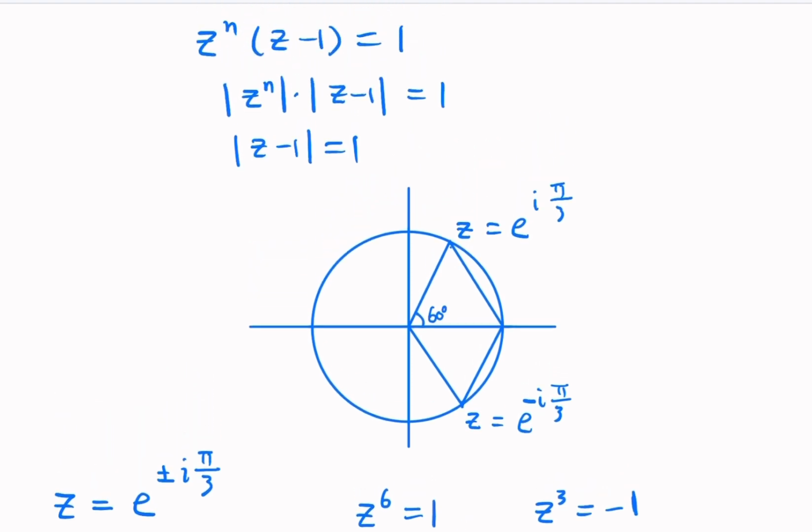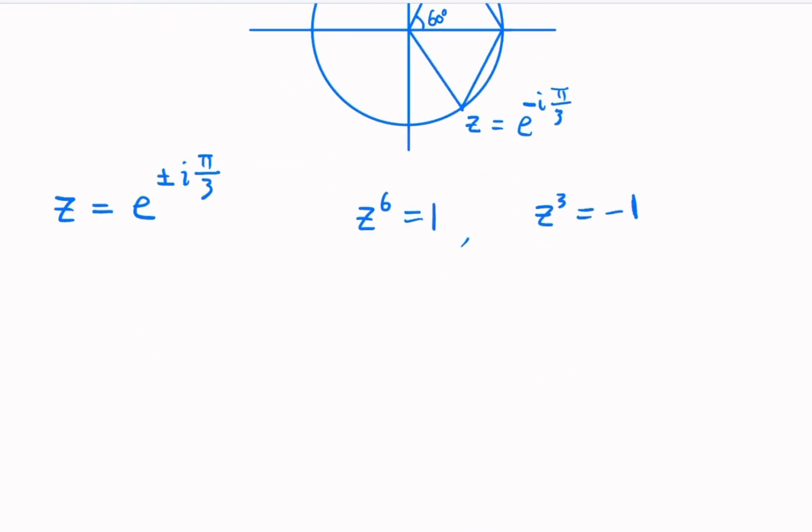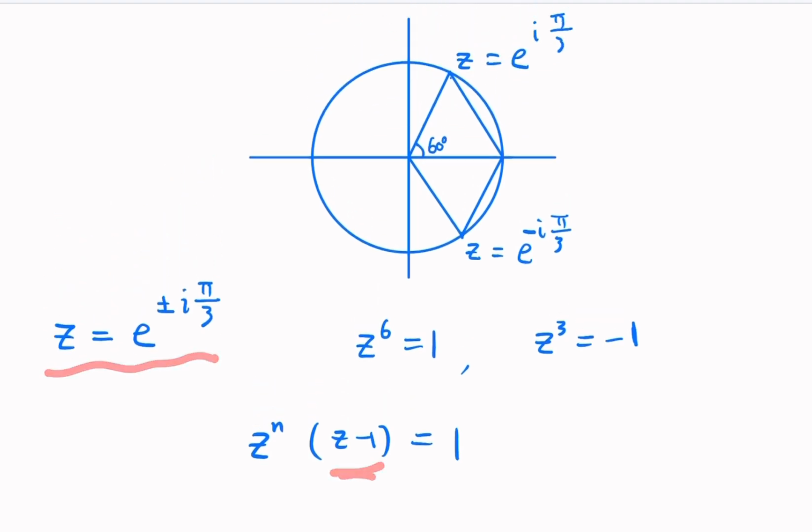So what is the equation earlier? So this equation here, let's rewrite it. It is z^n (z minus 1) equals 1. Now we know z is here. z minus 1 is nothing but another sixth root of unity here. If this is z here, z minus 1 would come here, right?